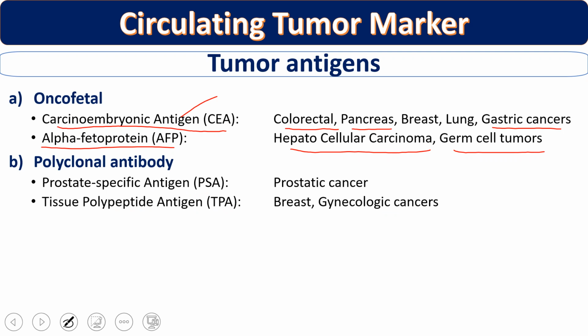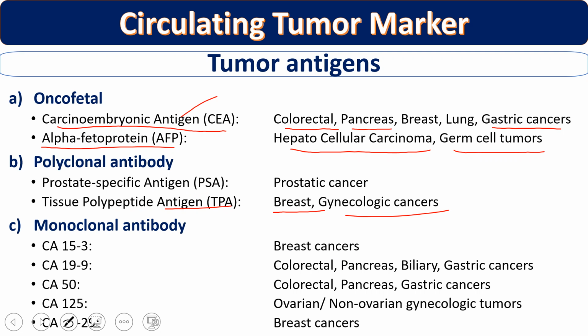Prostate specific antigen PSA normally increases in case of prostatic cancers, whereas tissue polypeptide antigen TPA normally increases in breast cancer and gynecological cancers. The third class is monoclonal antibody, which is CA15-3.